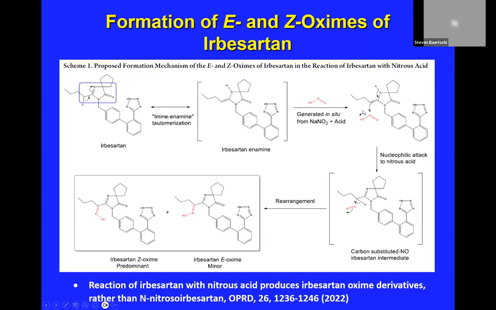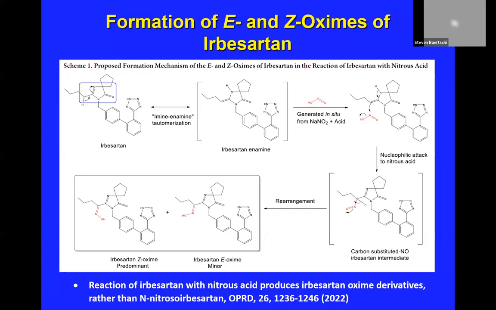So you've got a nucleophilic site in this position right here that can react with the nitrosating reagent, reacting with nitrous acid, which then can rearrange to form these two oxime derivatives, not even involving the nitrogen that could form an N-nitroso compound.